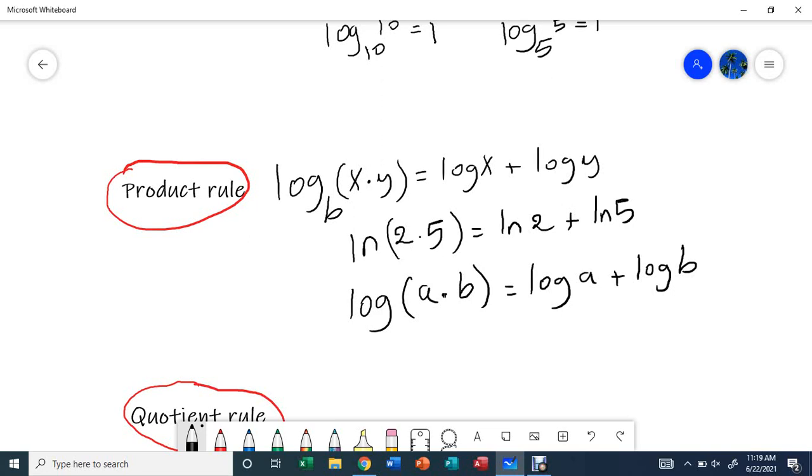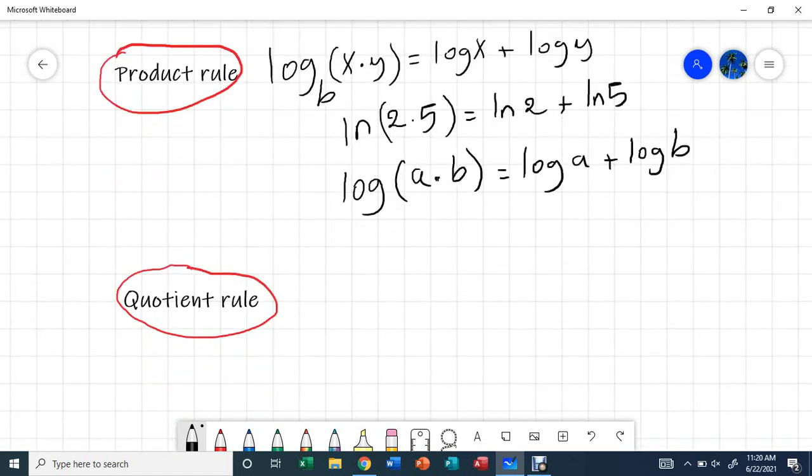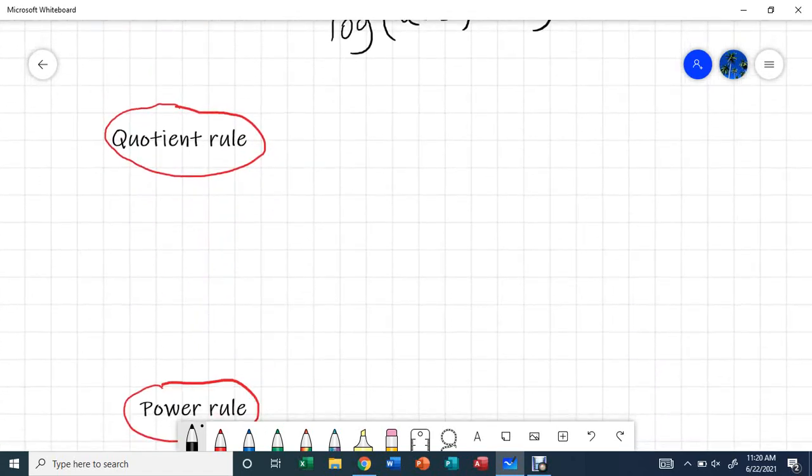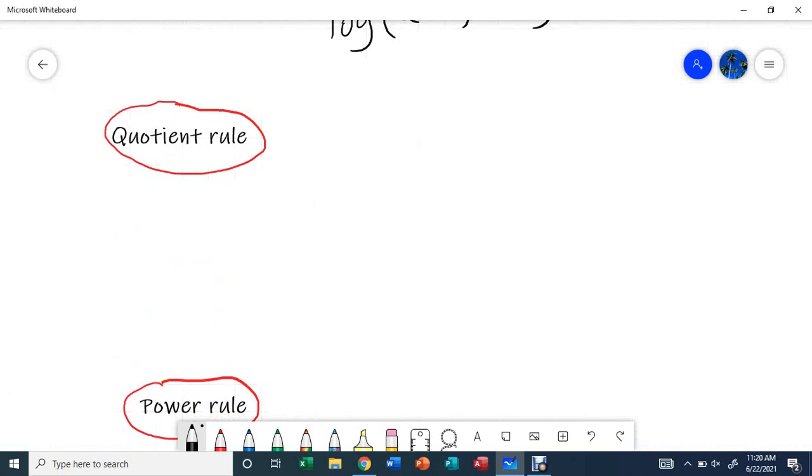Now we will talk about the third rule, which is the quotient rule. Log base b of x over y, and y here is not equal to 0 for sure.